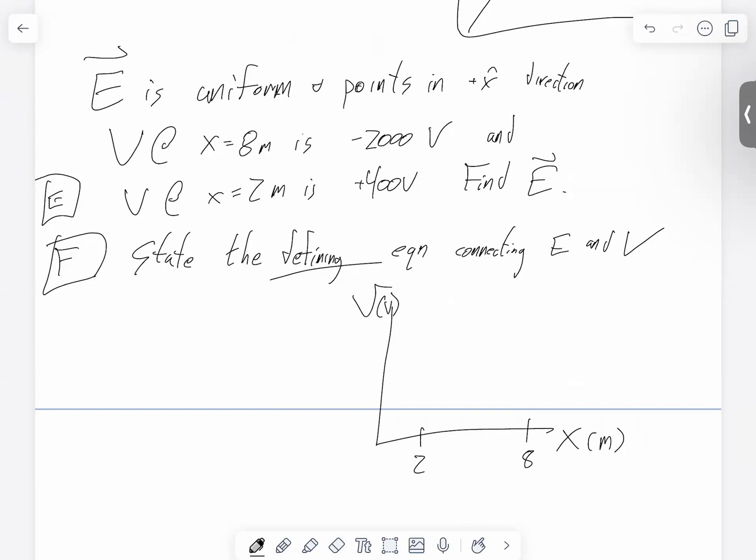To be precise, you should state the units and direction of E. Oh, so we have the number. Yes, correcto. F is still wrong. Your F is still wrong.